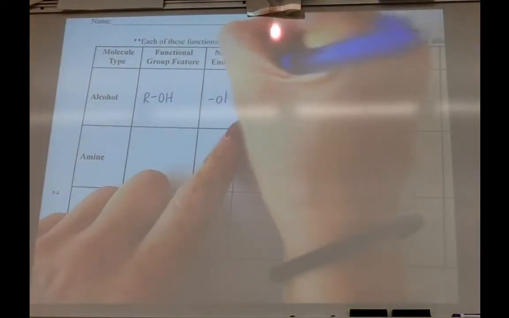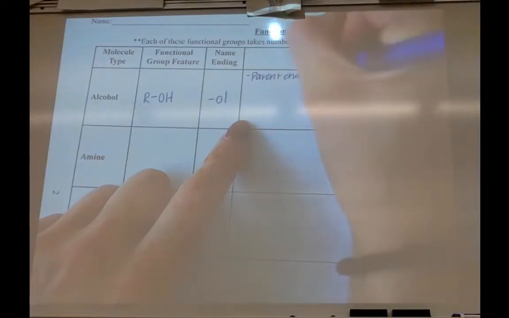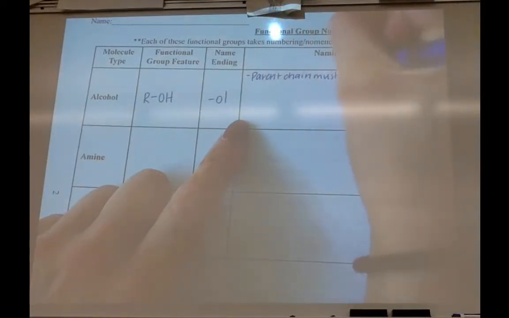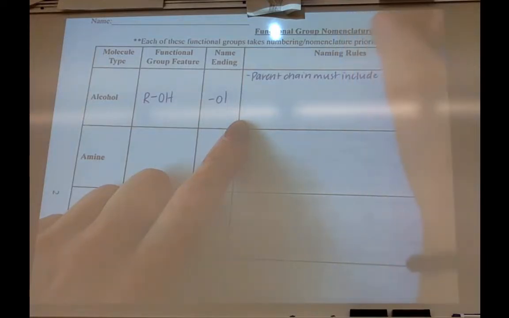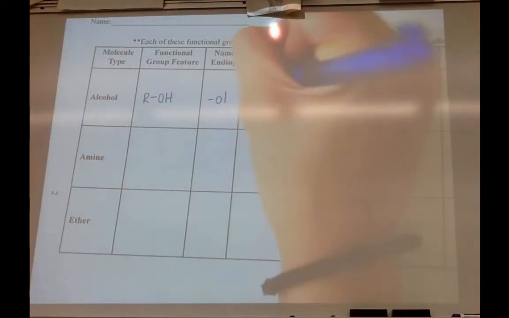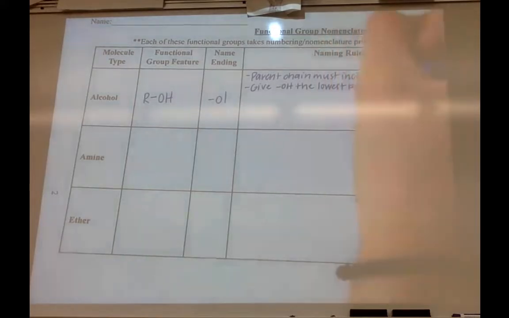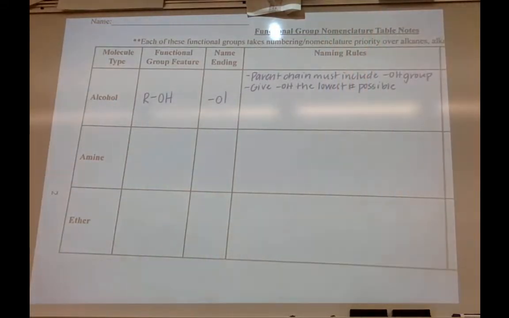So when it comes to naming, the parent chain must include the OH group. Give the alcohol, the OH, the lowest number possible. So now there's not one side that we have to start with. You just need to make sure that your alcohol, your OH group, has the lowest number possible.